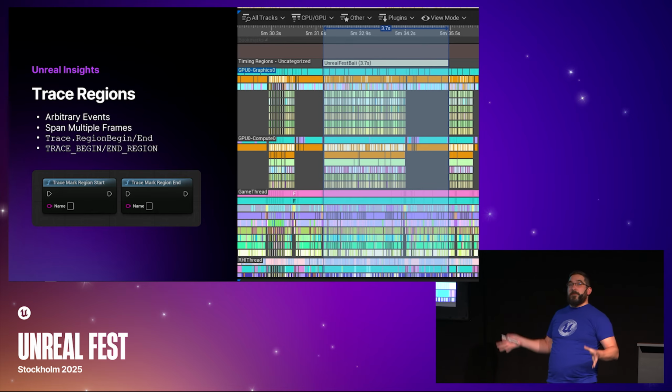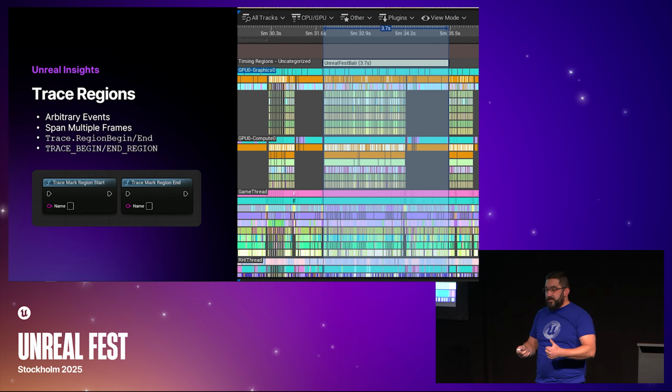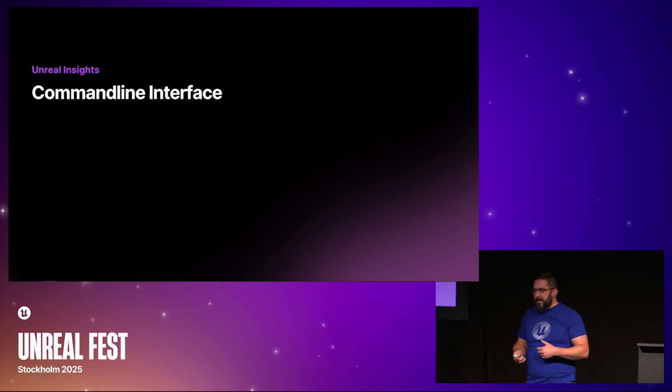I can also stack a bunch of regions on top of each other. These things are incredible. Especially when we're looking at the rainbow barf of Unreal Insights. This gives us insights into what's happening as we're looking at our trace. So that's really cool.